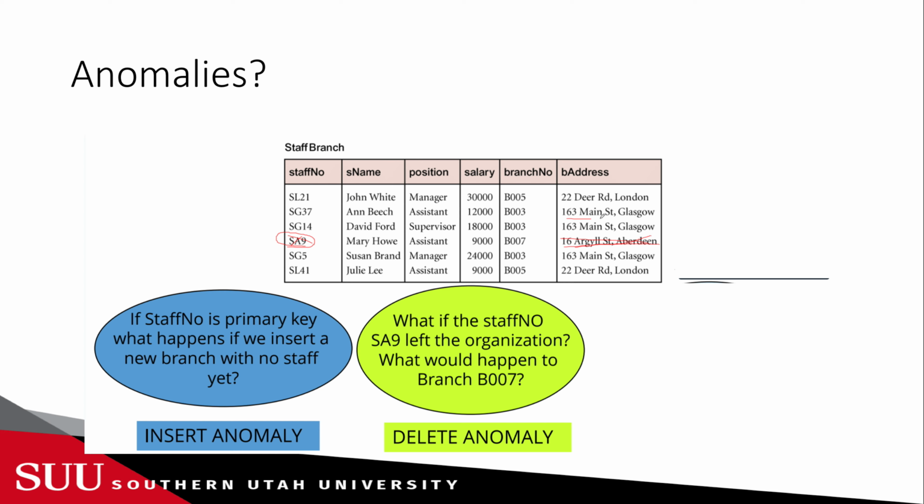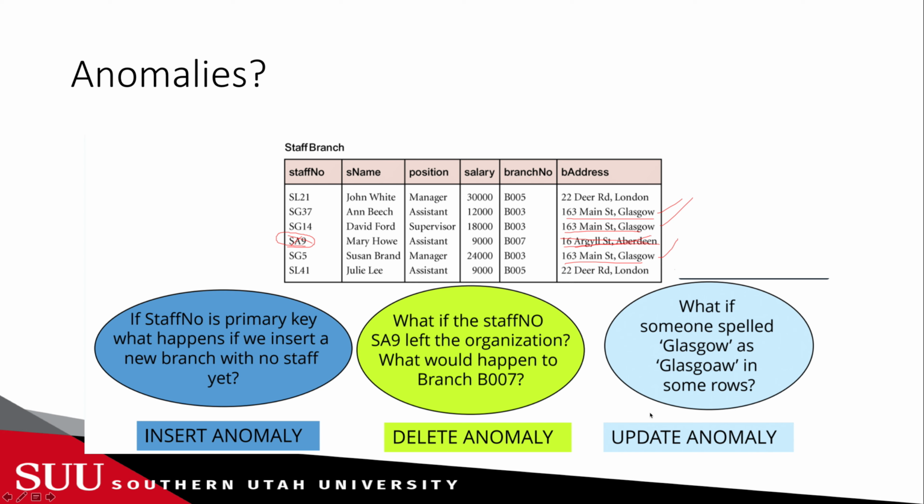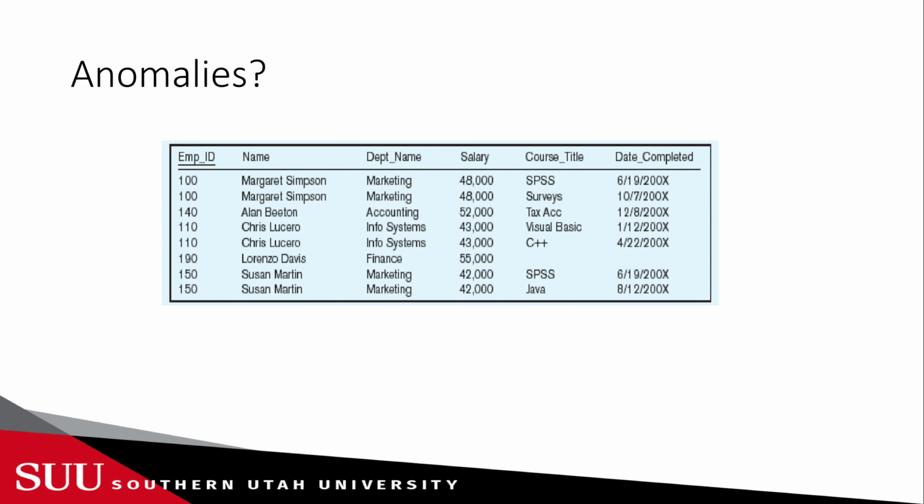Now, since we have the branch address, this branch address 163 Main Street, in the table multiple times, suppose that I have a typo in one of them, either this or this or this, then I will need to do multiple updates probably. So if we spell the name of the city wrong and we spelled it here and here, then to update it I will have to update multiple records, and this is the update anomaly that we are talking about. Let's look at another example.